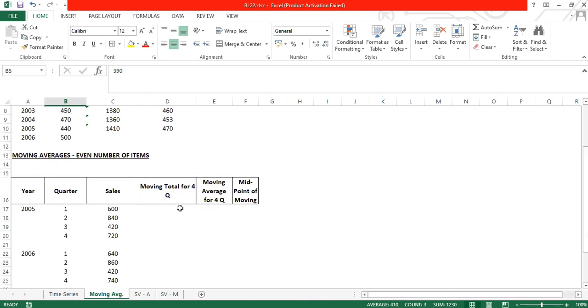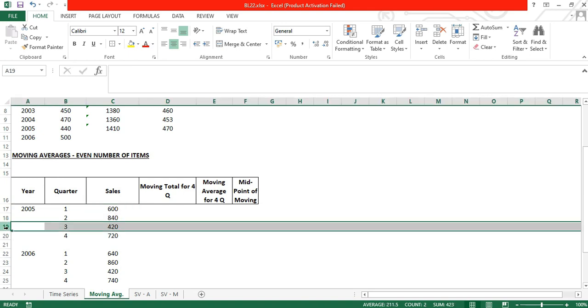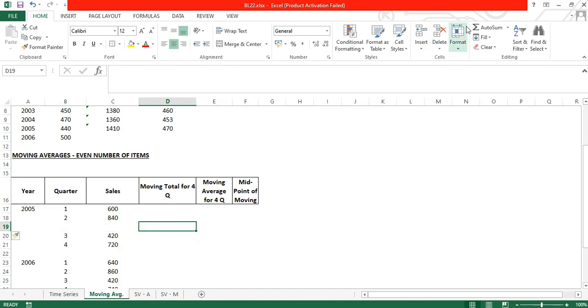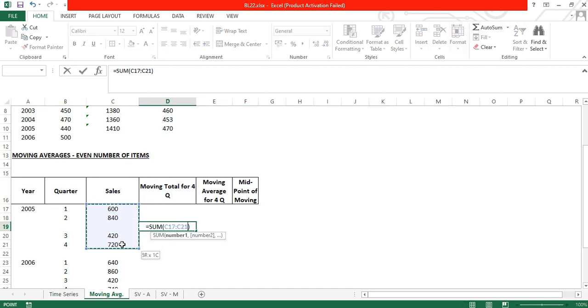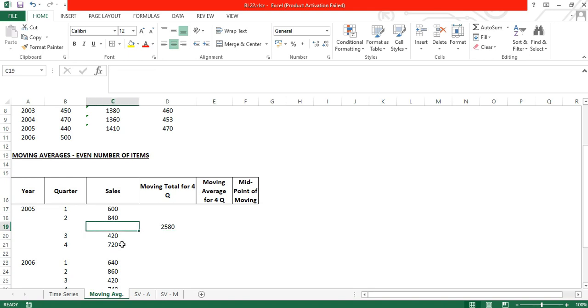The set we have selected here is 4, so the middle value is between the 2 and 3 quarters values. To make it clear, I'll insert a row so that you all know where to write it. So it's here, in the middle between this and this.